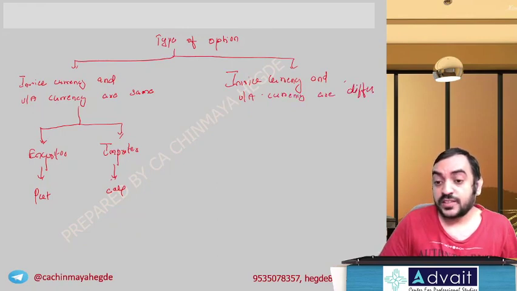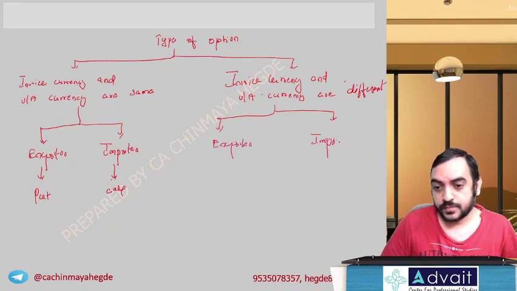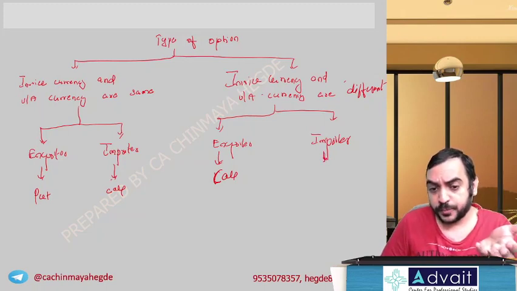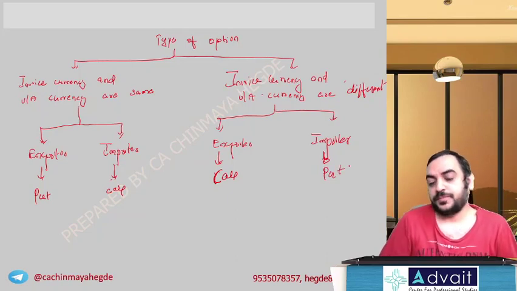Like invoice is in dollars, but underlying asset in rupees. An exporter, importer. Normally an exporter would have gone for put option. Now you go for call. Importer normally would have gone for call option. Here you go for opposite, put option.